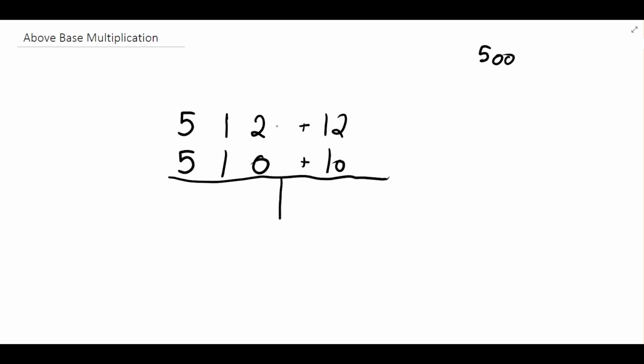Now left part, 512 plus 10, 522. Now the right part, when we multiply, we're getting 120. But we've already discussed that it needs to be only 2 digits here. So what you do, you take the excess digits, in this case it's the hundreds, and you take it to the other side, meaning you add it over here as a ones digit.